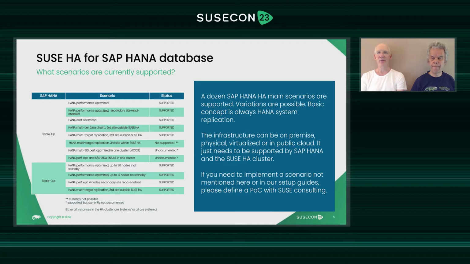One special case is the so-called ERP system. ERP systems are systems which do heavy write-related transactions, as opposed to analytical workloads. And these ERP systems are normally formed out of two huge nodes.